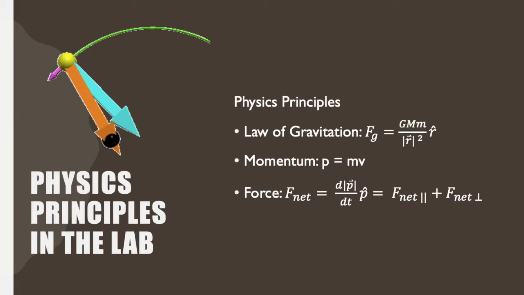The momentum is the product of mass times velocity, and the force is the rate of change of momentum multiplied by p hat, and it also is the sum of parallel net force and perpendicular net force. So by knowing these objects and knowing that the mass of the star is equal to 2 times 10 to the 30th kilogram, we can calculate the mass of the black hole.